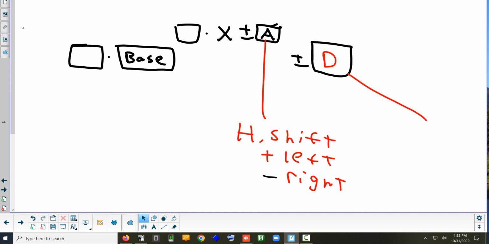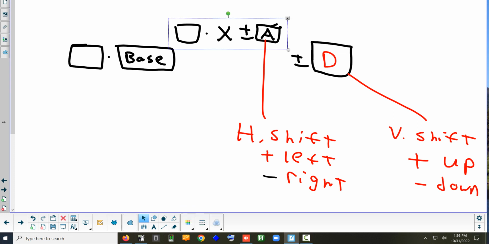And what kind of shift is this one? This is a vertical shift. What if D was a positive number? Which way would that move it? Up or down? Up. This is what you would expect. Positive is up. Negative is down. Okay, so adding and subtracting is a shift.